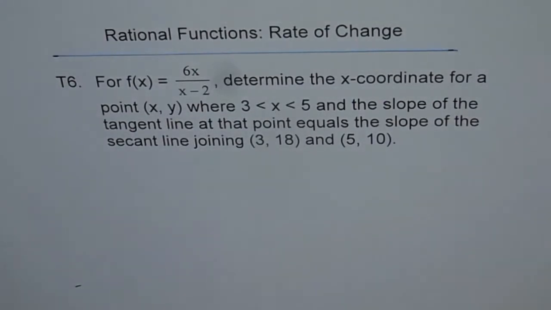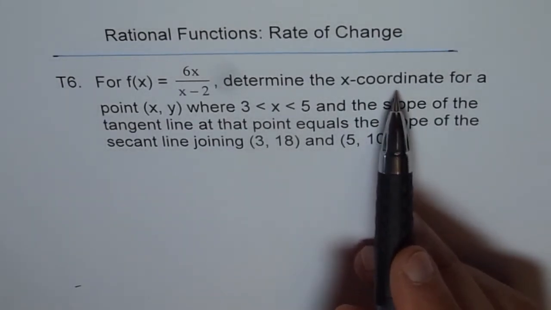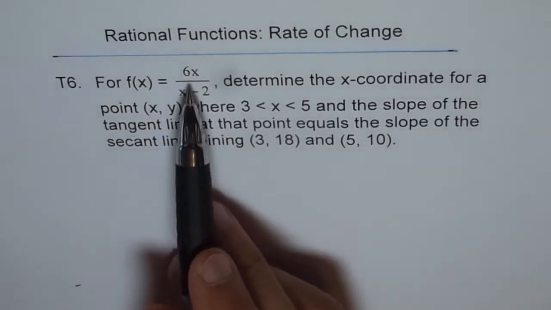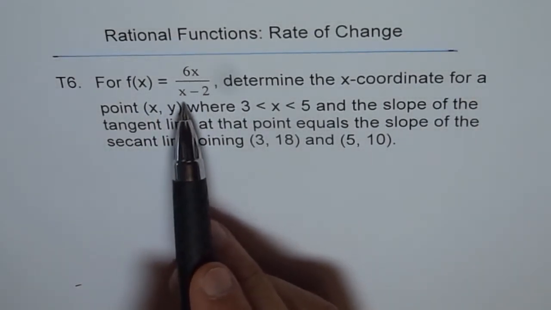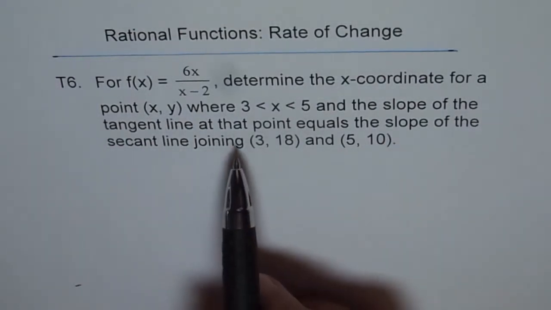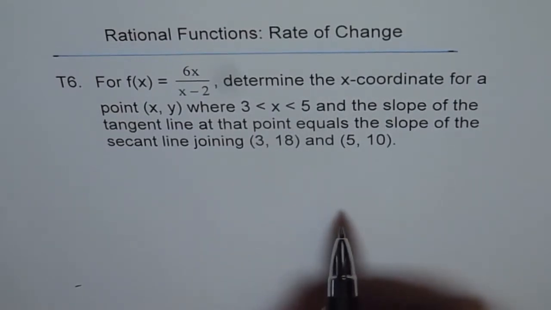Correct? So basically in this problem we have to find only the x coordinate, not x and y, right? Just the x coordinate on the graph of this function 6x divided by x minus 2, where the slope of the tangent line is equal to the slope when you join these 2 points. So that is the problem.